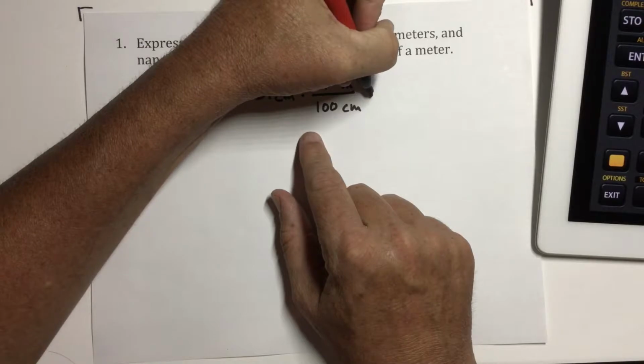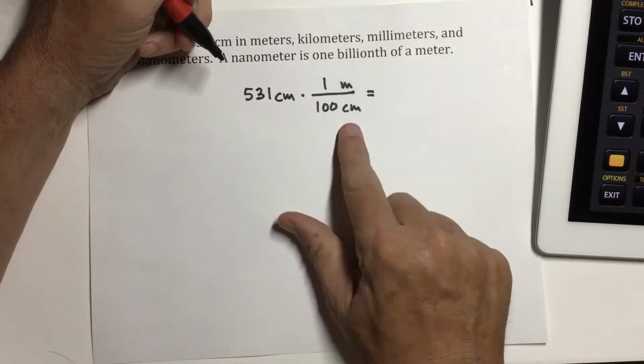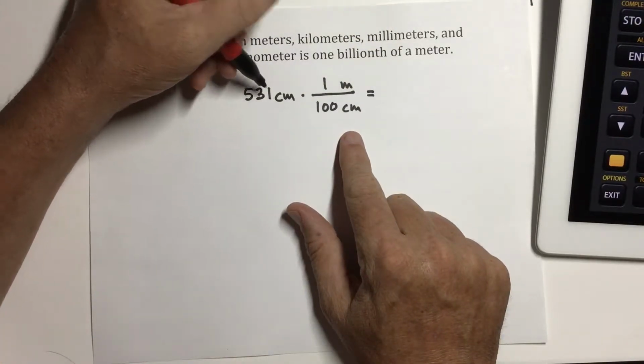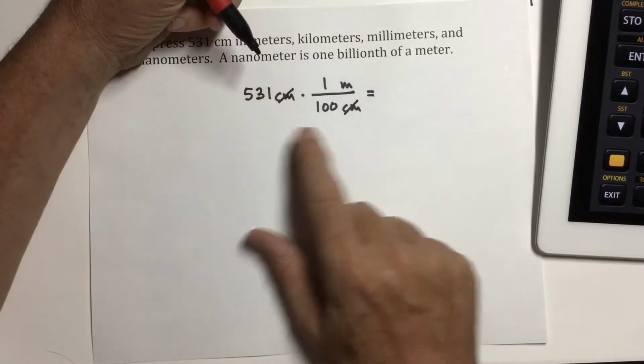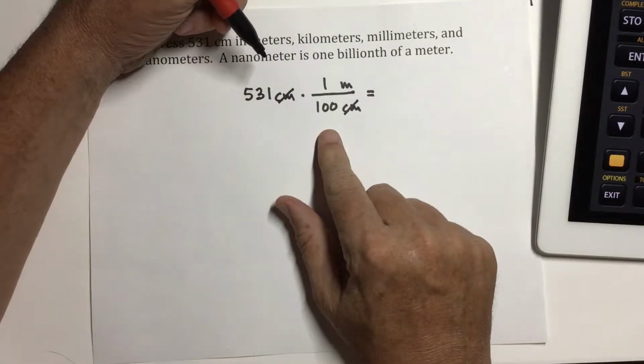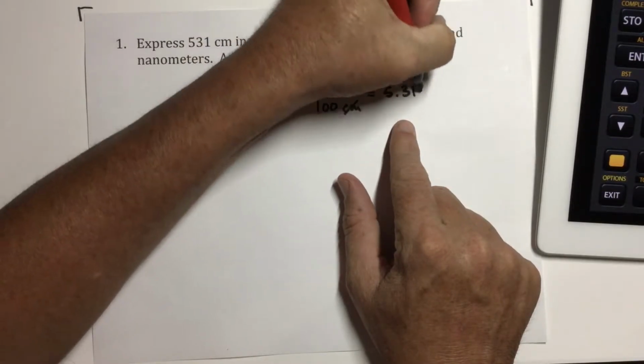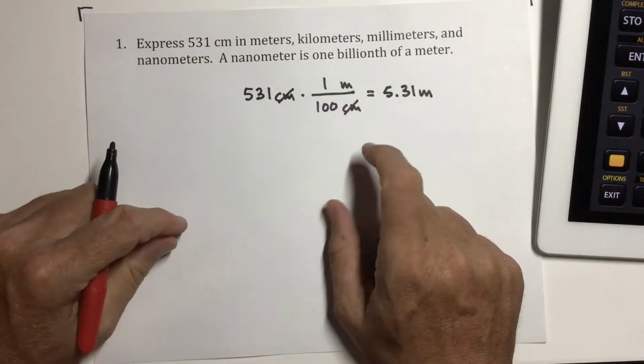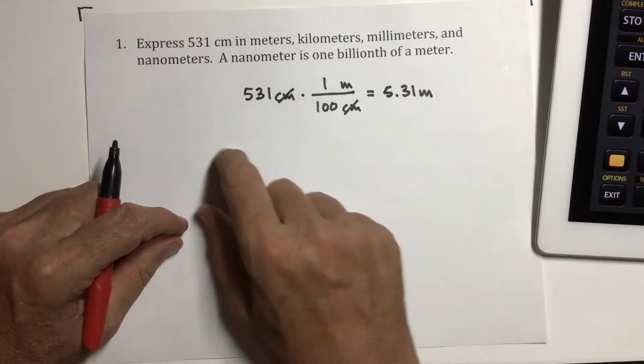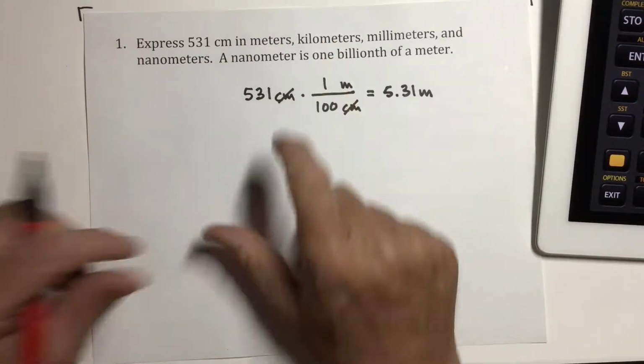If I perform this calculation, the centimeters will cancel out, and it's just 531 divided by 100, which means I move the decimal place 2 spots, so 5.31 meters. And there we go.